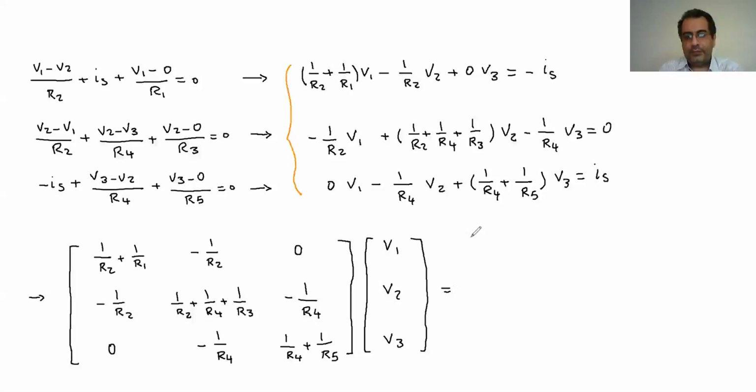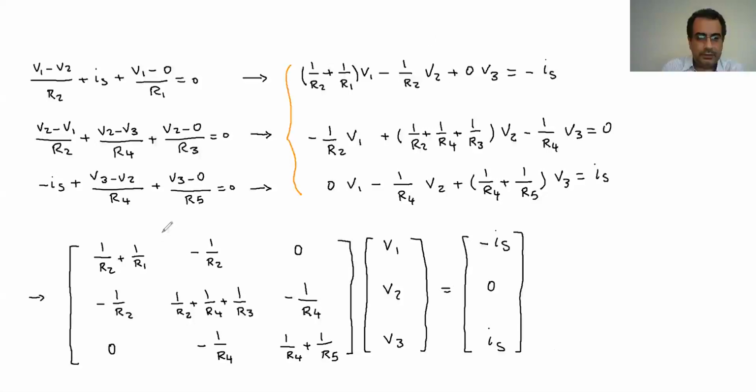And then you have the constant matrix, which is going to be negative IS, 0, and IS. So if you look, I'm going to just draw the line here. So here in the matrix, we have the 3 by 3 matrix.